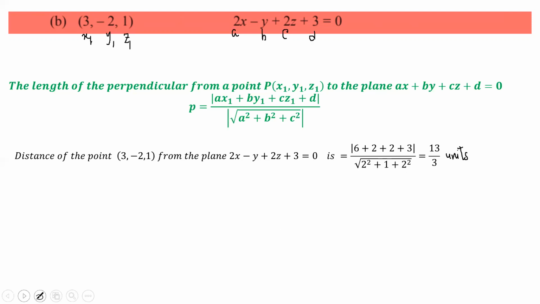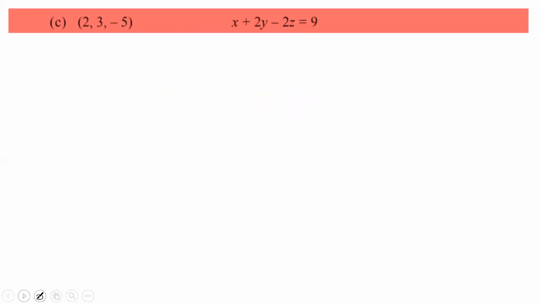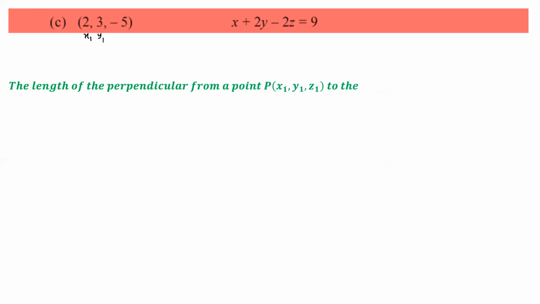Okay. Next, question number C, 14C. So the point is given here. x1 is 2, y1 is 3, and z1 is minus 5. And a is equal to 1, b is equal to 2, c is equal to minus 2, and d is equal to minus 9.